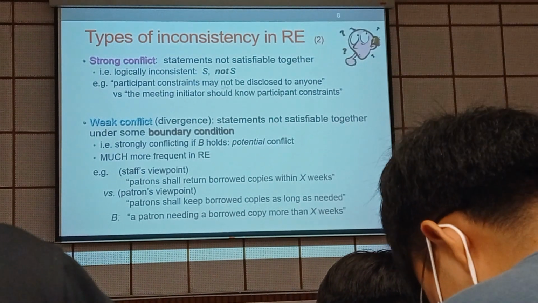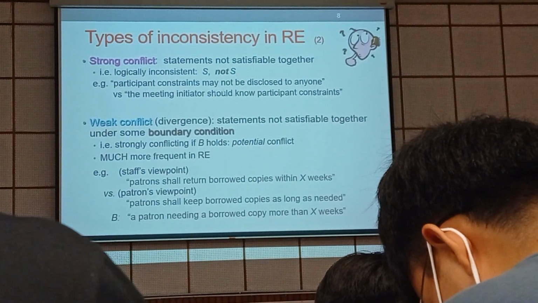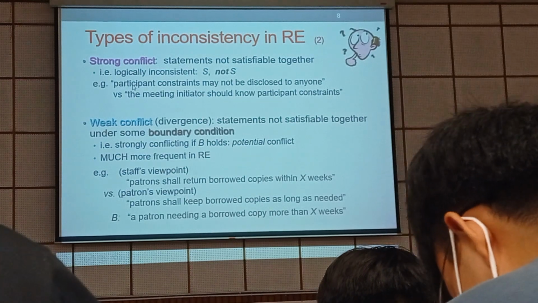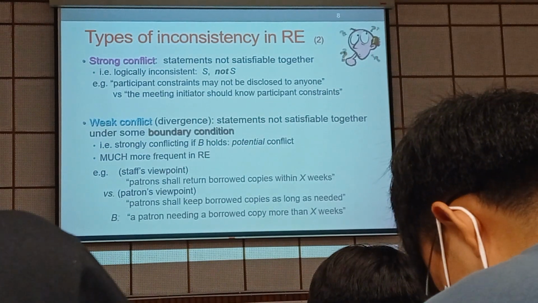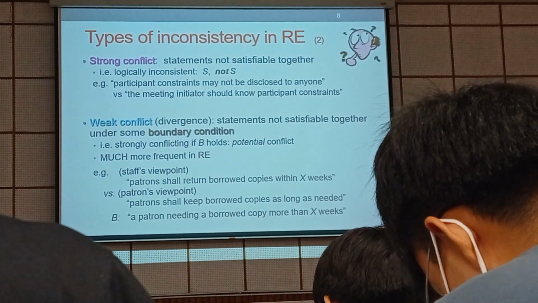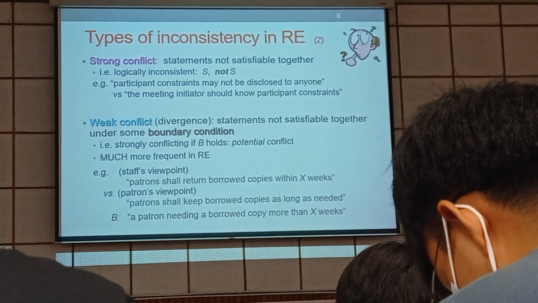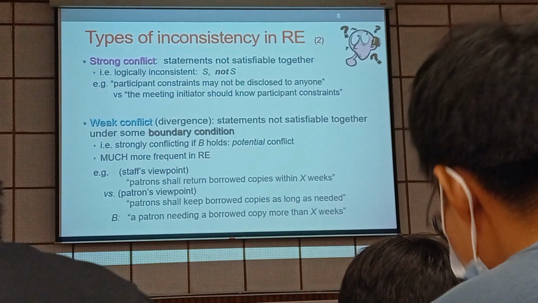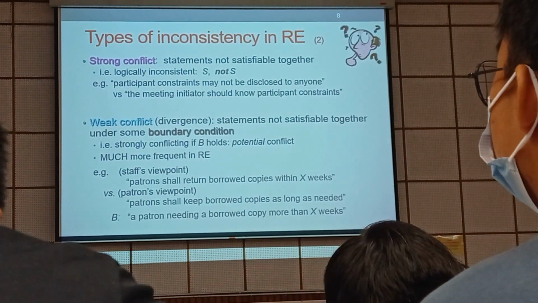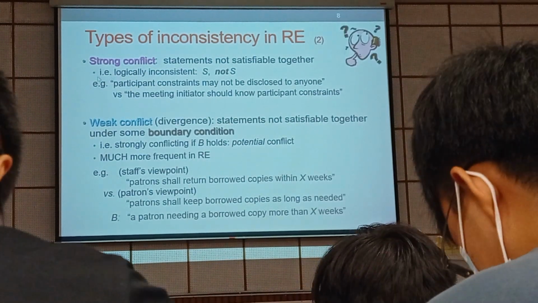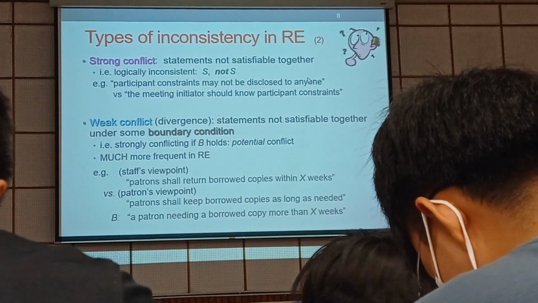Participant constraint may not be disclosed to anyone. This stakeholder says participants' constraints, you know, I say I'm not available on Sunday. I'm not available on Monday. My free time is only 3 to 5 p.m. on Tuesday. All my constraints cannot be disclosed to anyone. One stakeholder says that.